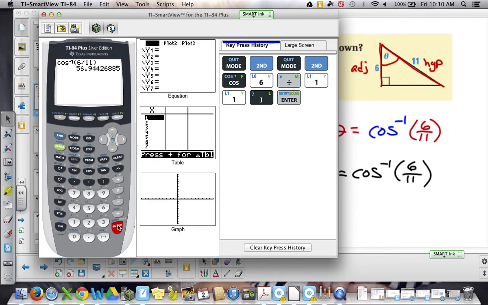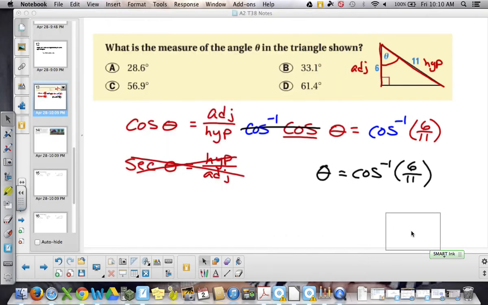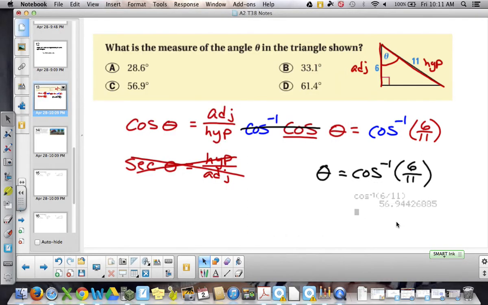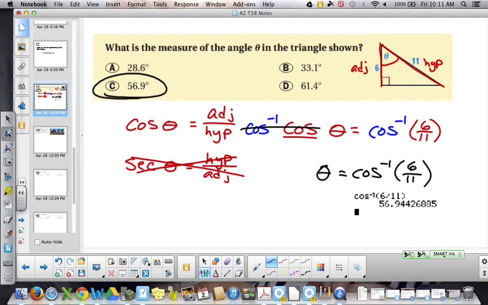So this is the degree measure of the angle. All right, so cosine inverse of 6 over 11 is 56.94. So we can see our answer up here, letter C, 56.9 degrees. All right, so we use these inverse trig functions to find angle measures.